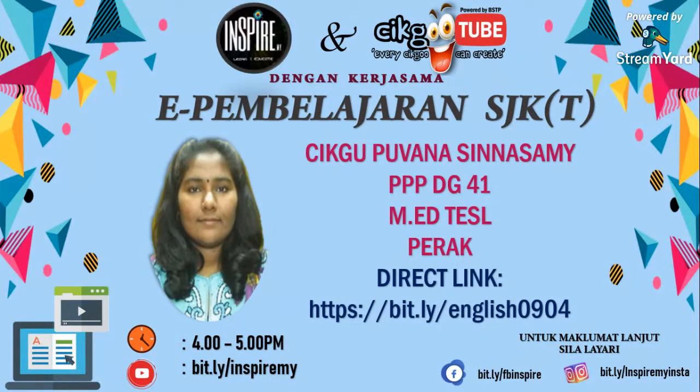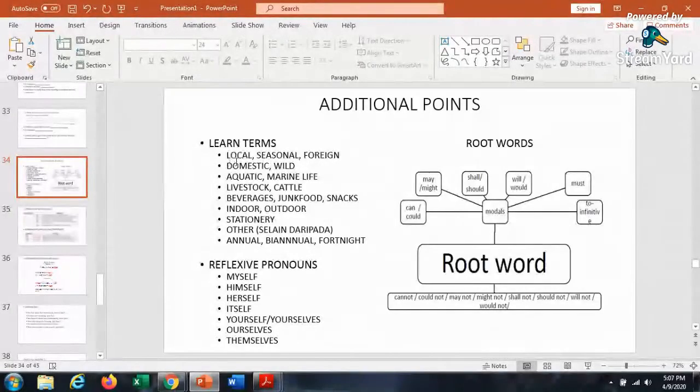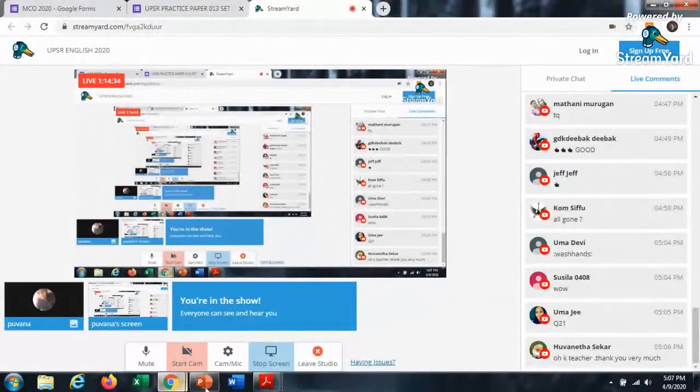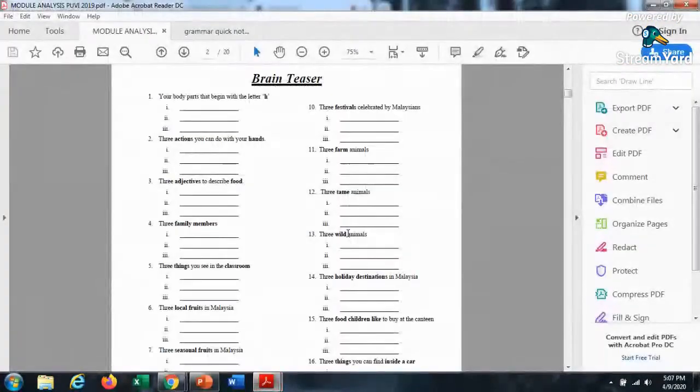I mentioned those terms, the additional points, like local and seasonal terms. How do you introduce these to your students at the beginning of the class, right? When you are doing the beginning of the class, you can do brain teasers like this.